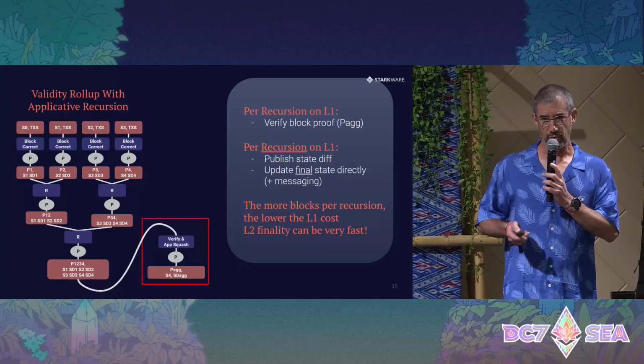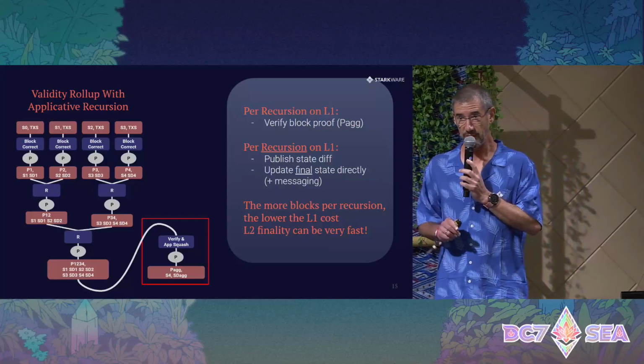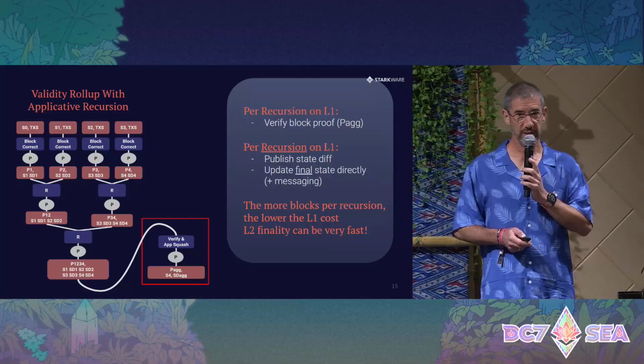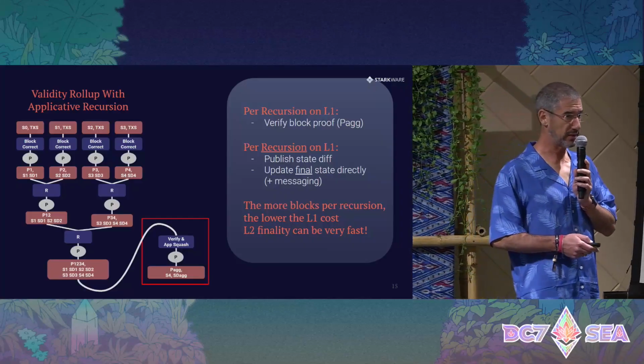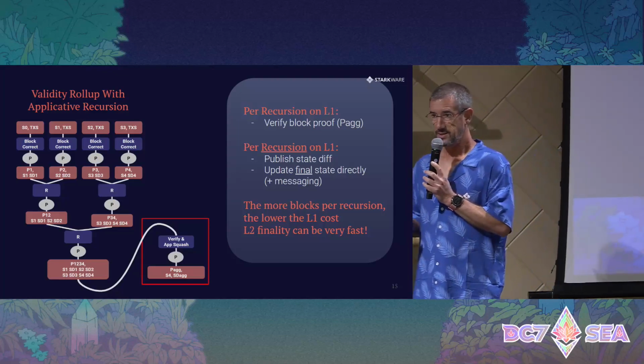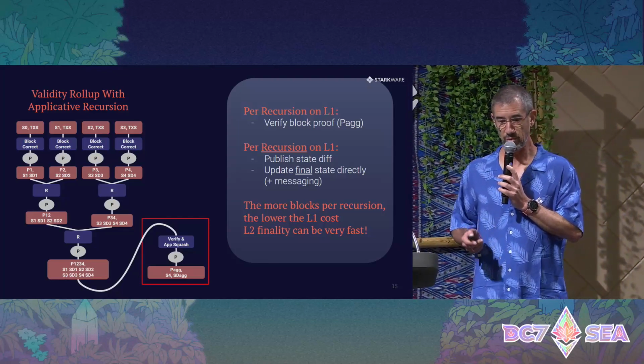Per recursion, we verify a proof, and per recursion, we publish the aggregate state diff in 1 or more blobs, and update the state on the contract that tracks the state of the rollup with a single state update that updates the state to the final state we've reached after multiple blocks.